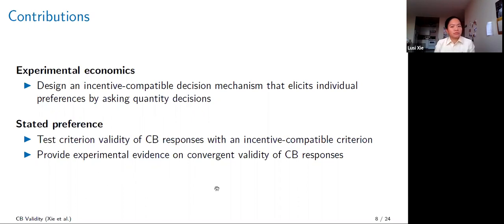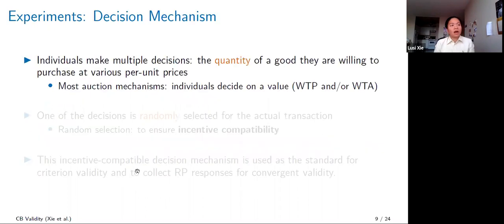So here is a brief summary of the paper, and for the rest of the talk, I'm going to talk about the experiments. The first step in the experiments is to design a decision mechanism. Specifically, it has to be incentive compatible.